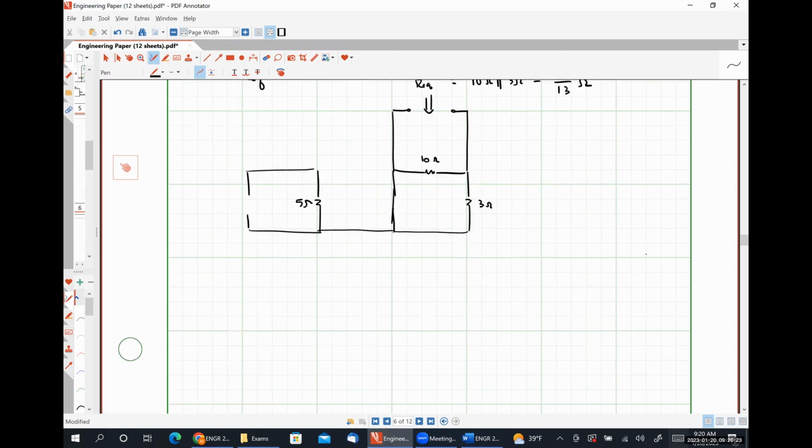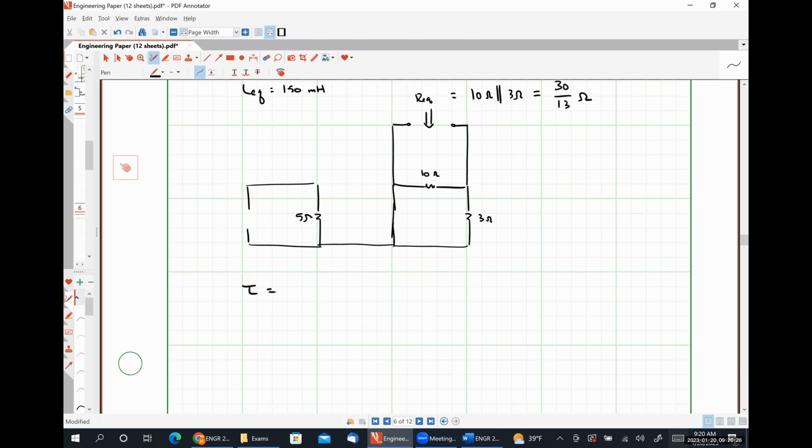So from here, our time constant is LEQ over REQ. So that is 150 millihenries divided by 30 over 13 ohms. Throwing that into my calculator, 13 over 200 seconds. The inverse of tau is then going to be 200 over 13 per second.